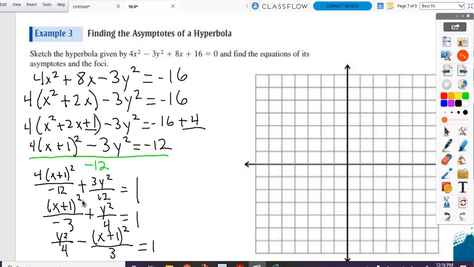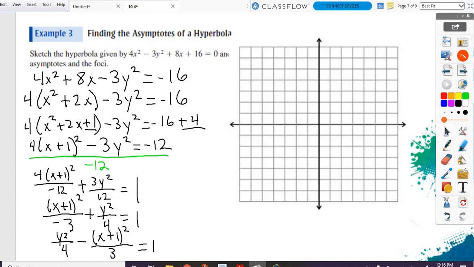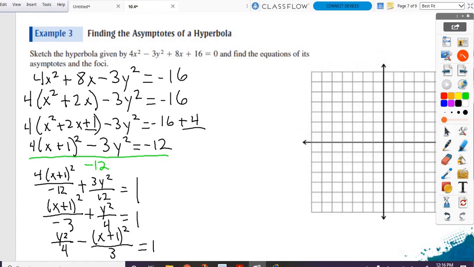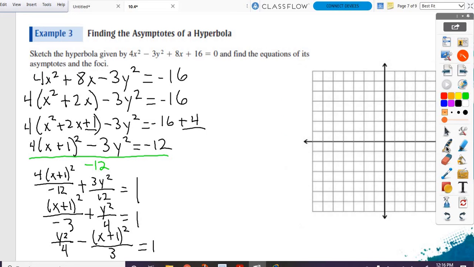So, questions on any of the completing the square steps? Because next up, we're going to have to graph it and find the equations of some things. So, what is our a value this time? 2. What is our b value? Square root of 3.